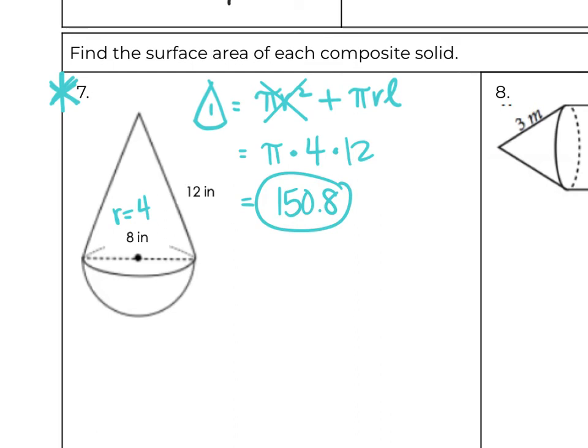All right, now the shape on bottom is what? Hemisphere. So the formula for surface area of a hemisphere is what? What was the first thing you said? 3.